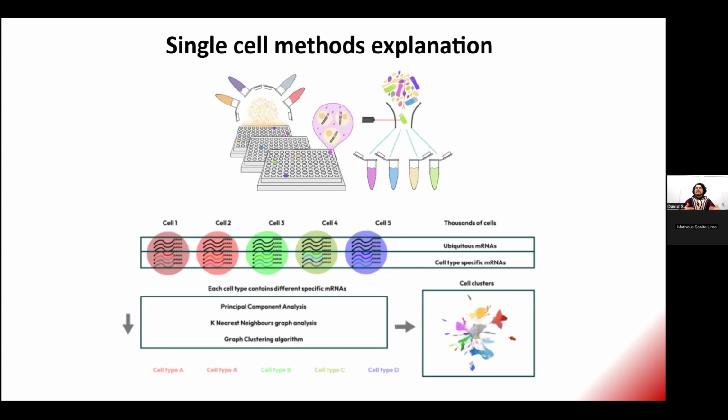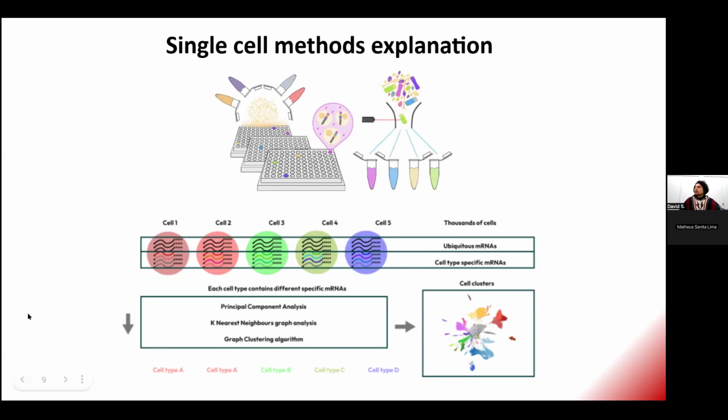Because it has a very high combinatorial power, we can know specifically where these mRNAs are coming from, in which cell, because we have tagged all the transcripts, and we can group these sequencing results into a matrix of genes and cells, and we have counts of mRNAs per cell.